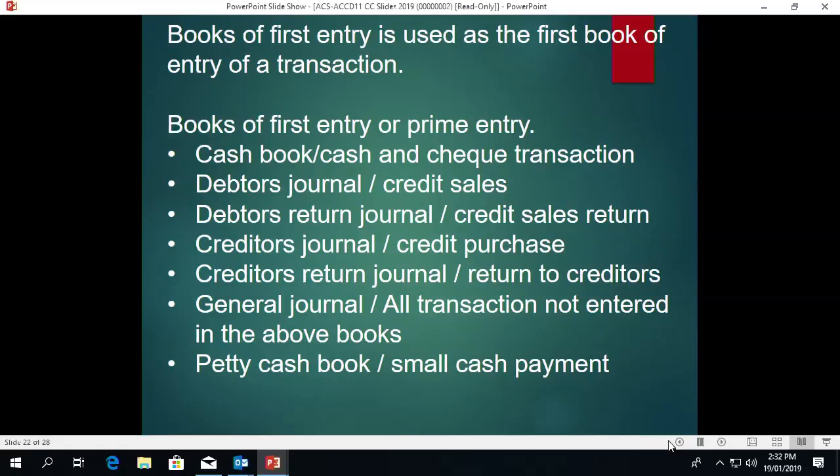And then the general journal, like I said, all the transactions that do not fit in the books that I read must go in the general journal. And then we have the petty cash book, where we enter the small payments, the small money that we have in the business on a daily basis. We enter that in the petty cash book. Those are the books of first entry.